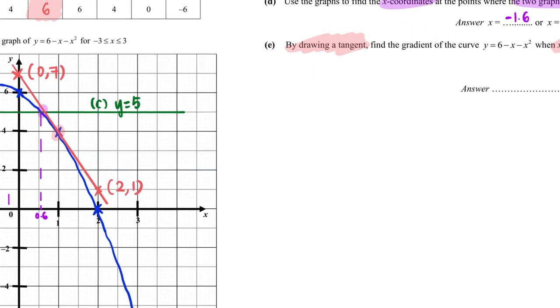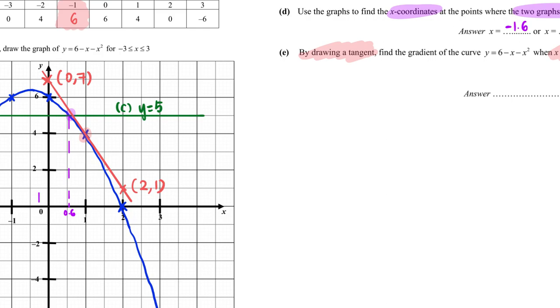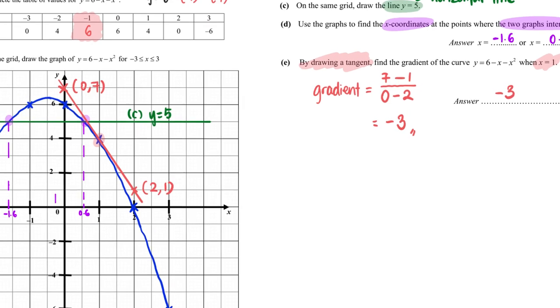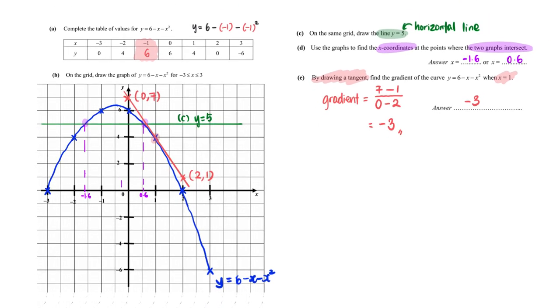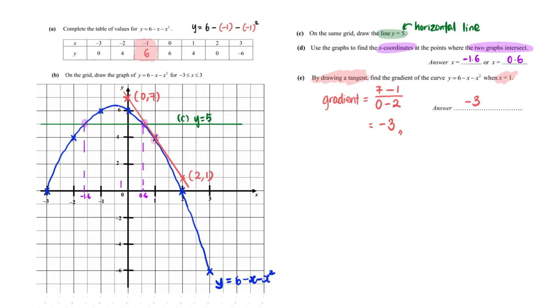So coming back to here now, with these 2 points, I will then be able to find the gradient, which will be equal to (y2 minus y1) over (x2 minus x1). This will give me negative 3.